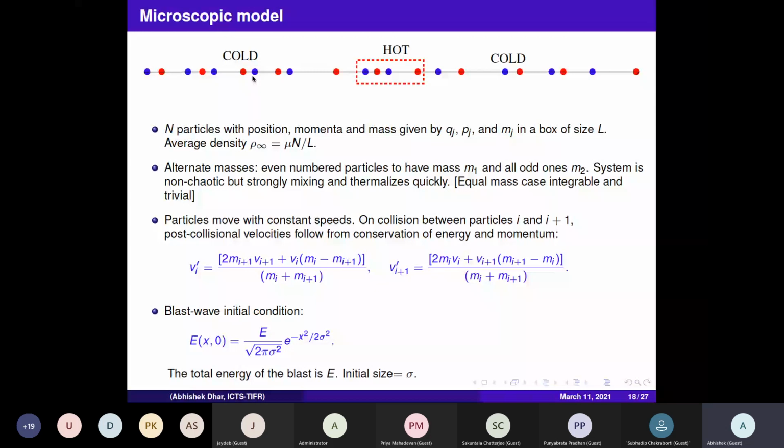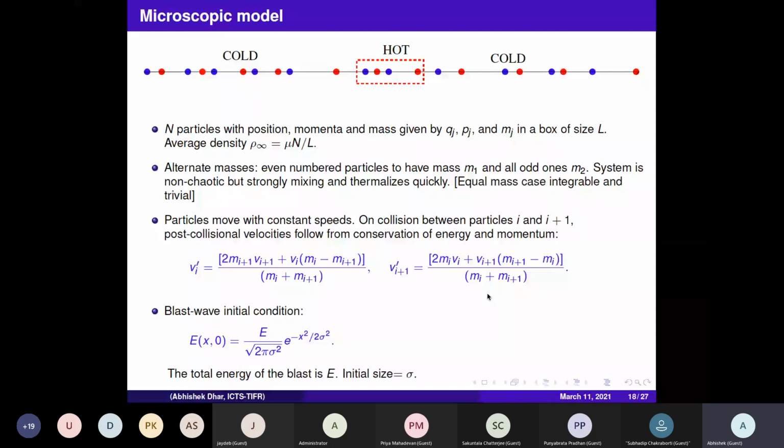The dynamics is that they move freely, and when they collide, they rebound with velocities which you can find just by using momentum and energy conservation, and that's given in this line here. So the dynamics is very simple: just ballistic motion and elastic collisions.